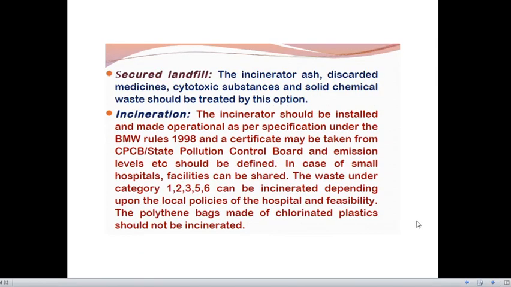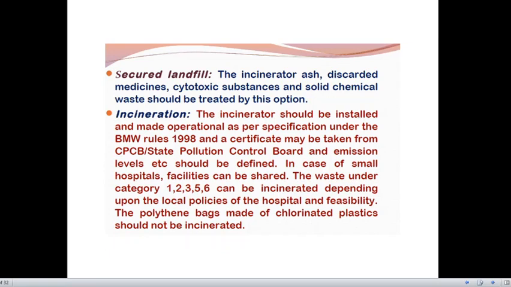And then secured landfill: the incinerator ash, the discarded medicines, cytotoxic substances, and solid chemical waste should be treated by this option. For incineration, the incinerator should be installed and made operational as per the specification under the BMW rules of 1998, and a certificate may be taken from the State Pollution Control Board, and emission levels, etc. should be defined.